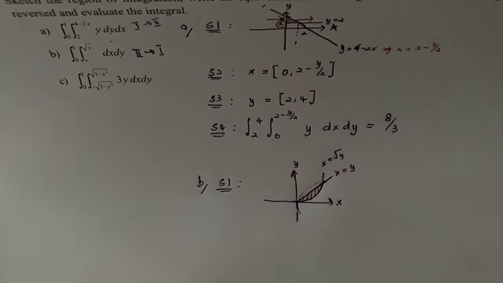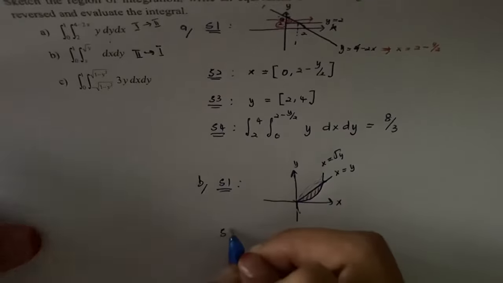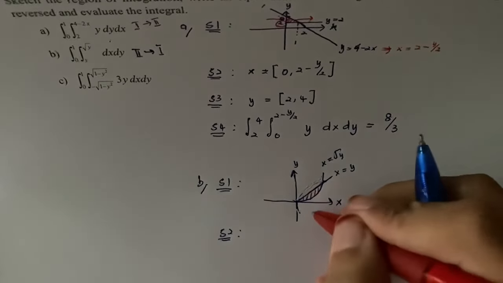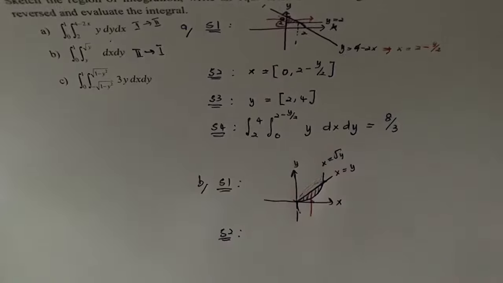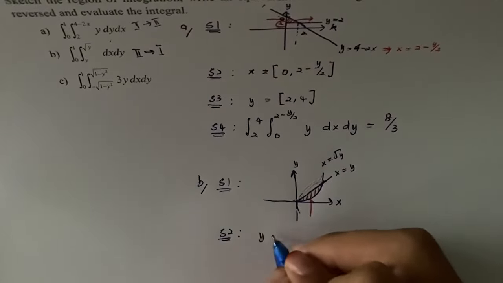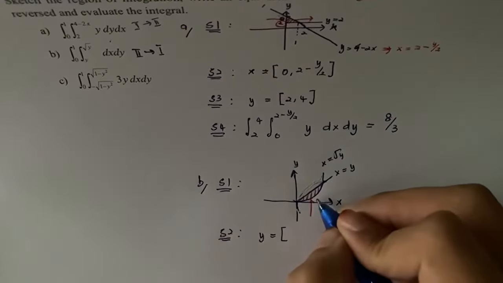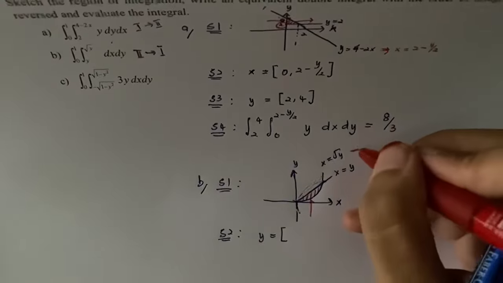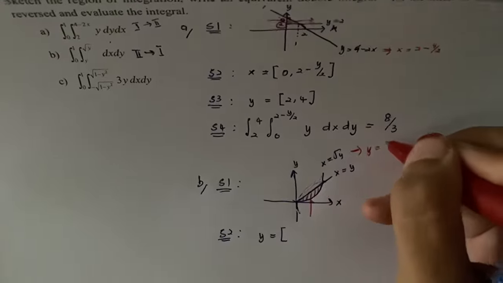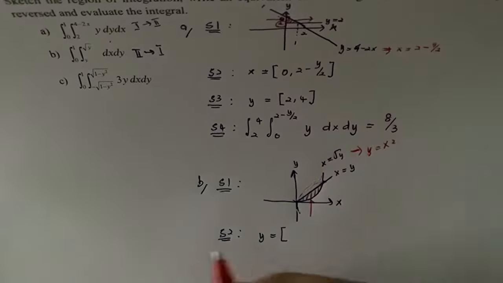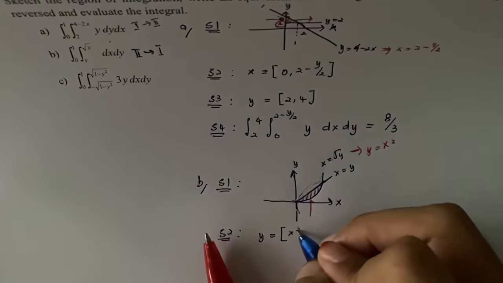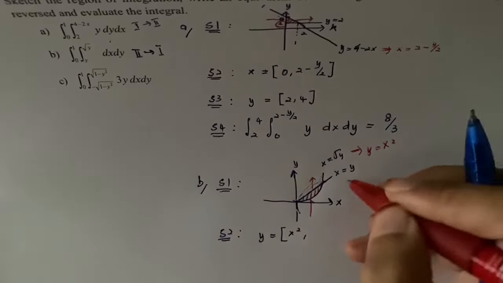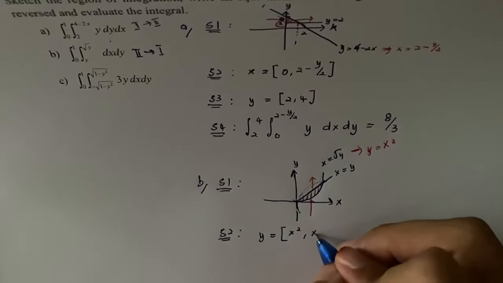So for the second step, reverse the order. From type 2 to type 1, we use the vertical line. For the y limit, the lower limit is y equal to x square, and the upper limit is this one, y equal to x.